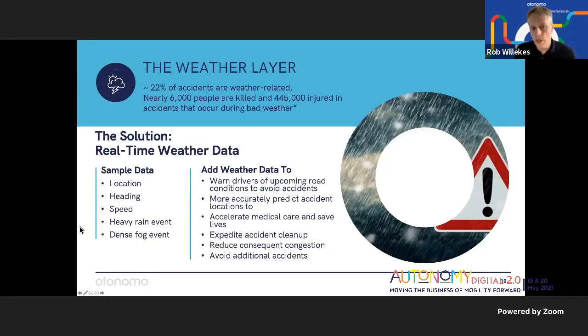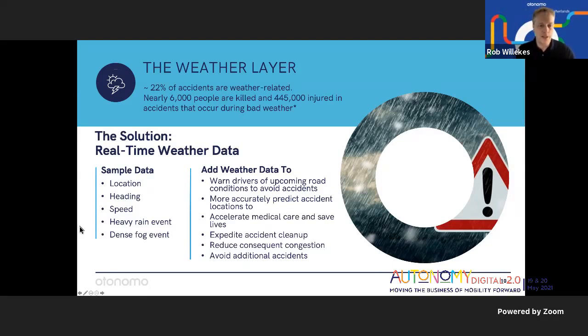So weather is also an important component, because weather is, of course, something that changes a lot. It not only changes a lot, it also differs per area. It can be very rainy on one side, and 10 kilometers further, it could be very sunny.